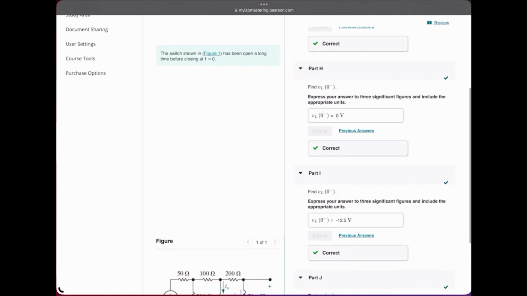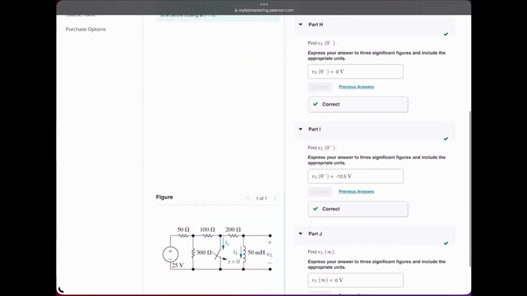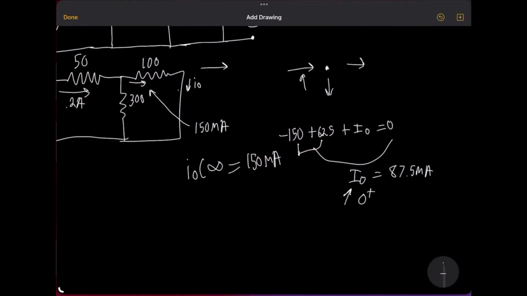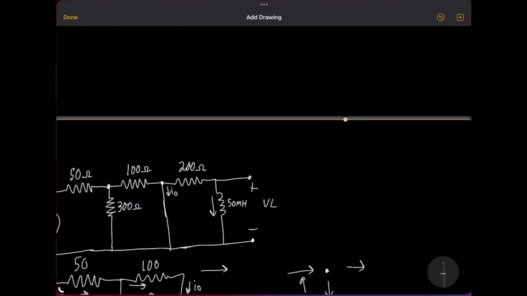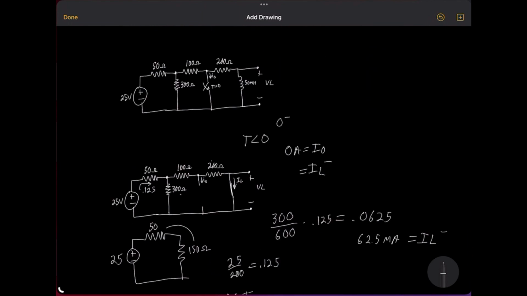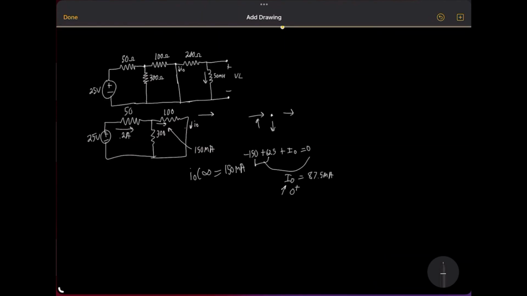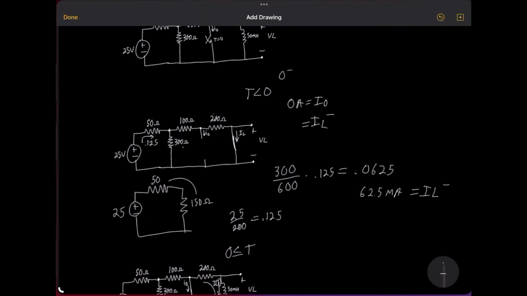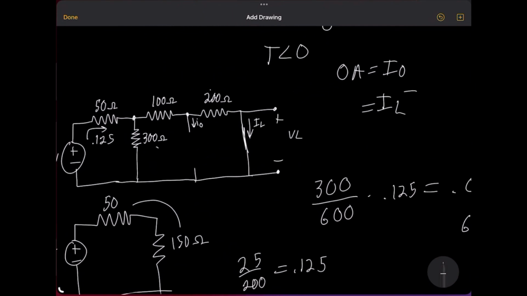Okay, and this is just the function we had found for the inductor, V sub L, the voltage across the inductor. So, when we first started off, let me explain that. Where's our first one we did? Well, for this one, V sub L, what's the voltage across this inductor here?